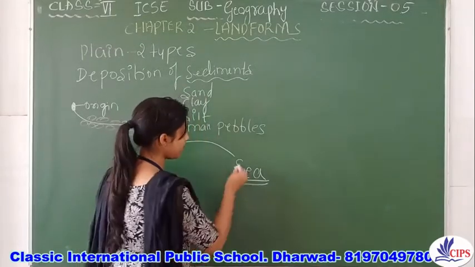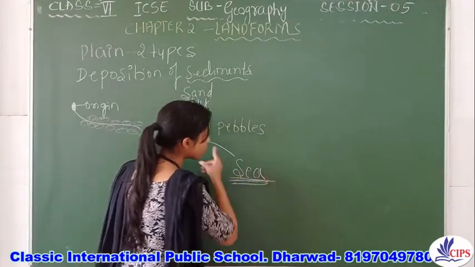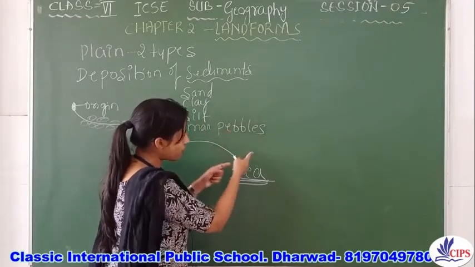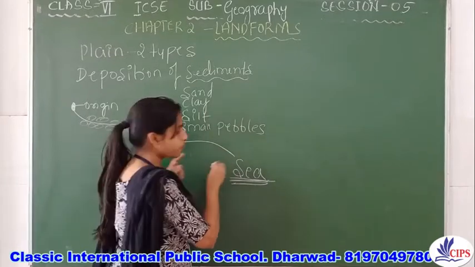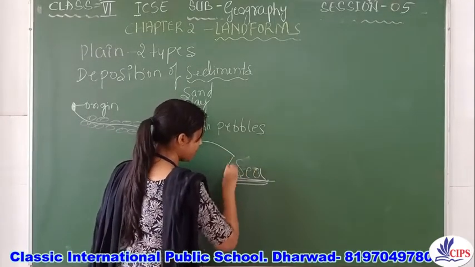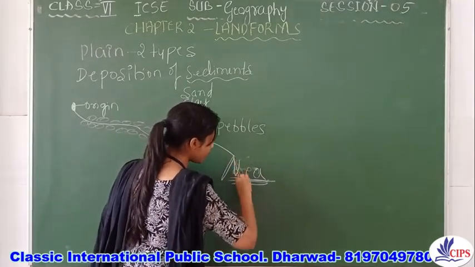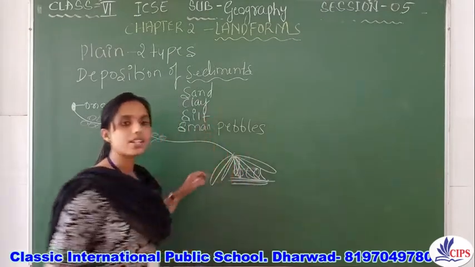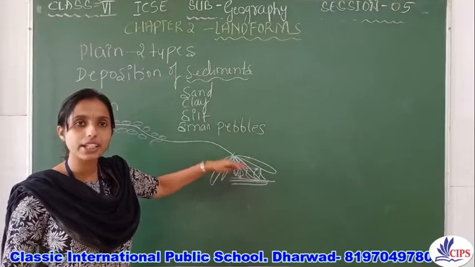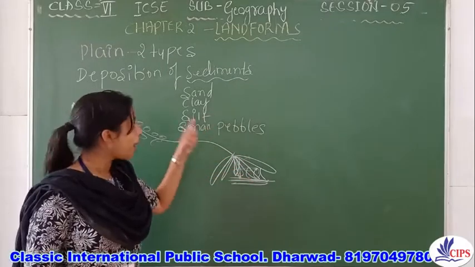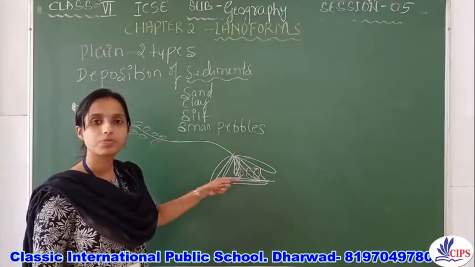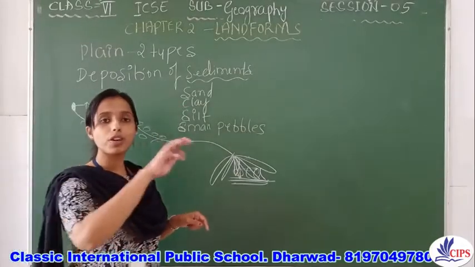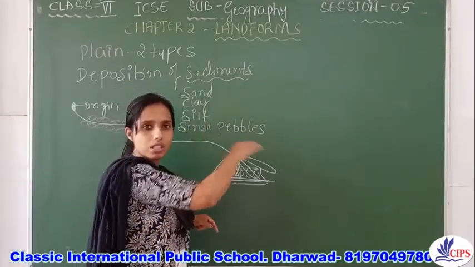That deposition point may be some lake or maybe some sea floor. As the river joins the sea, the river deposits all which she has with herself in this part. Here, because of the deposition, there is a delta formation. Deltas usually get formed because of the sand, silt, clay which the river brings with herself.